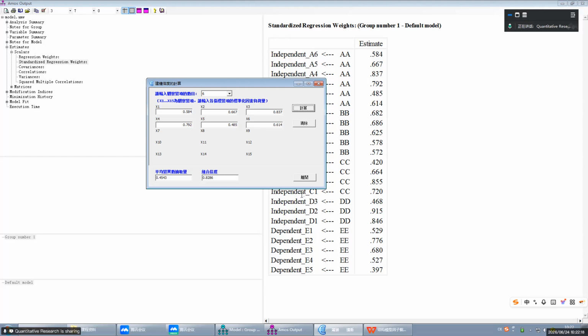What is the square root? 0.67, right? Yeah. Now, the square root of this AVE is 0.67, right?